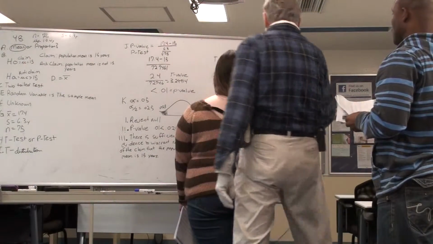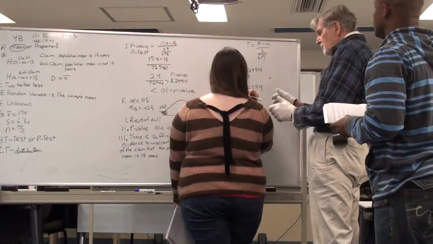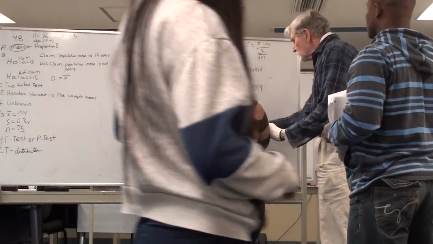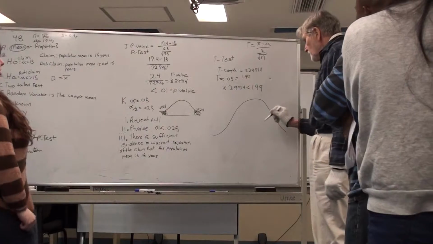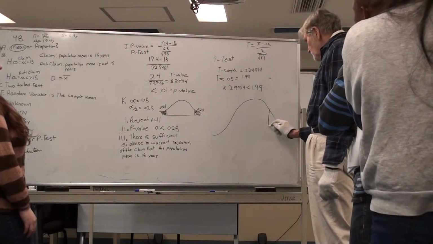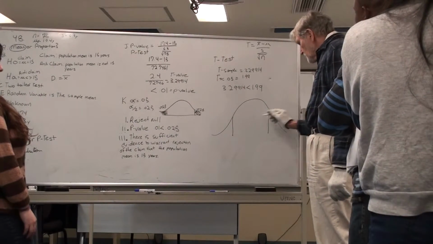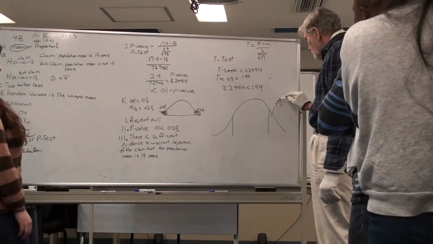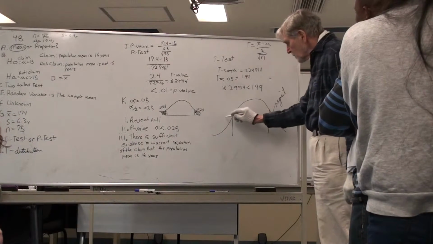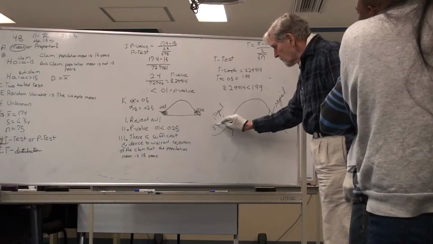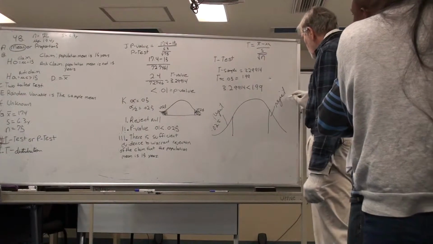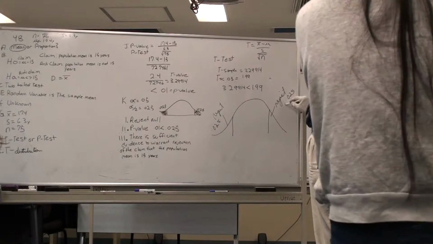Okay. So let me draw here. Would it still be less than? Yeah, you did it backwards. Okay, so now these are your reject zones, right? Reject, and reject, and this is .025 and .025 as far as p goes, right?